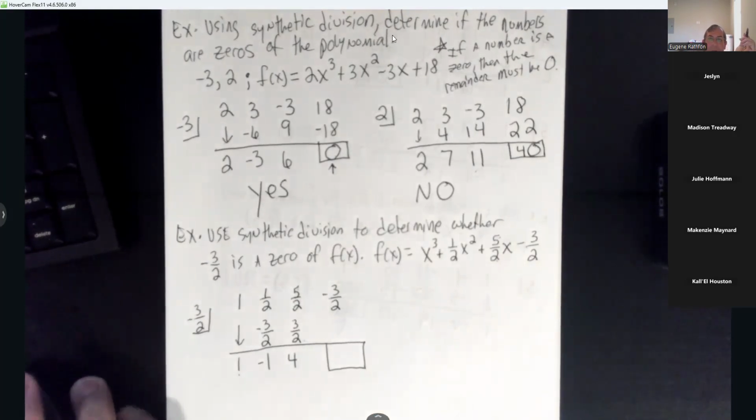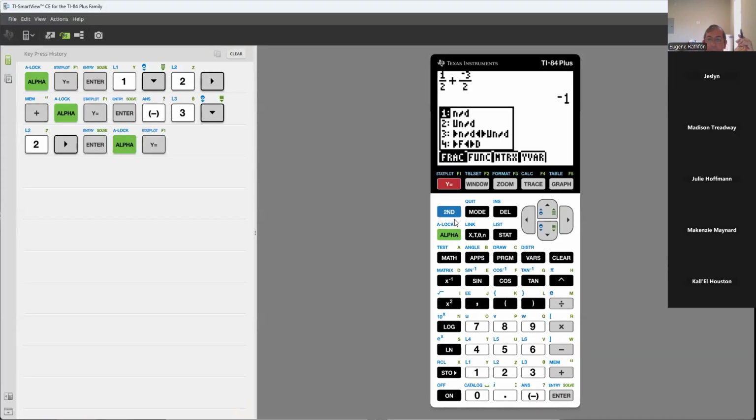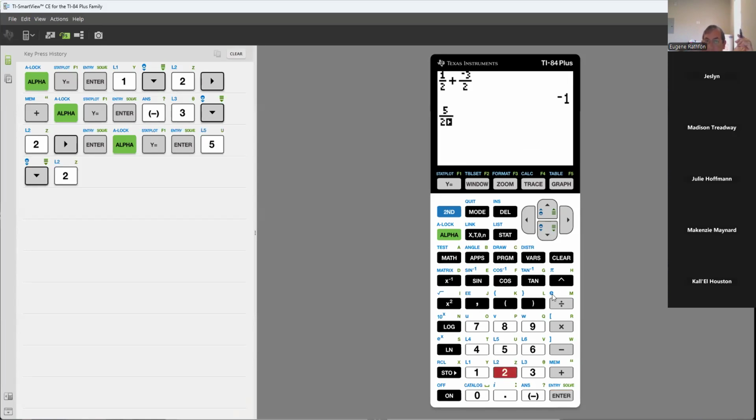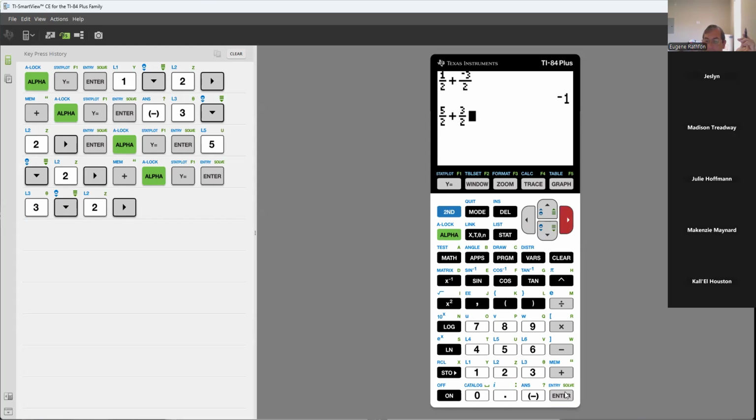So you can do that one on the calculator. Alpha y equals, enter. That was 5/2. And all right, plus, and then alpha y equals enter for another fraction. And that one was 3 on top, 2 on the bottom. Once I hit enter, I get my 4, okay?